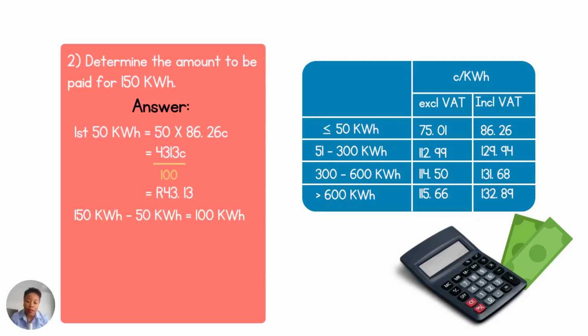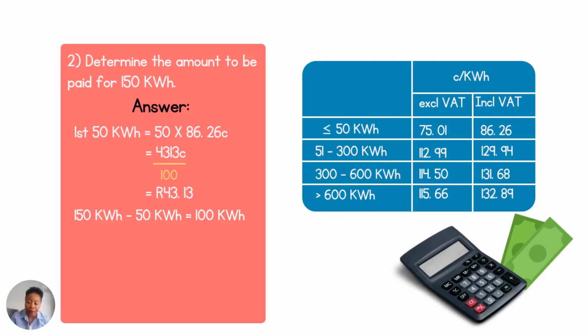And so now that we've calculated the 50 units and we know how much the person is charged, we then need to subtract those 50 kilowatt hours from the total of 150 kilowatt hours, which will then mean that he has to now pay for 100 kilowatt hours. 100 kilowatt hours will fall under the second block, the 50 to 300 kilowatt hour block.